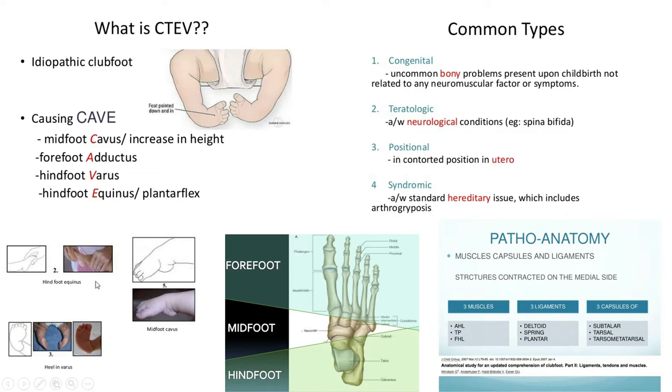The deformity lies in the midfoot cavus, meaning increased height of the medial arch, and there will be deep creases, and the forefoot will be adducted. This portion is called forefoot, that will be adducted, and hindfoot varus. Hindfoot varus means this is hindfoot, the proximal portion of the foot, that will come in inward deviation.